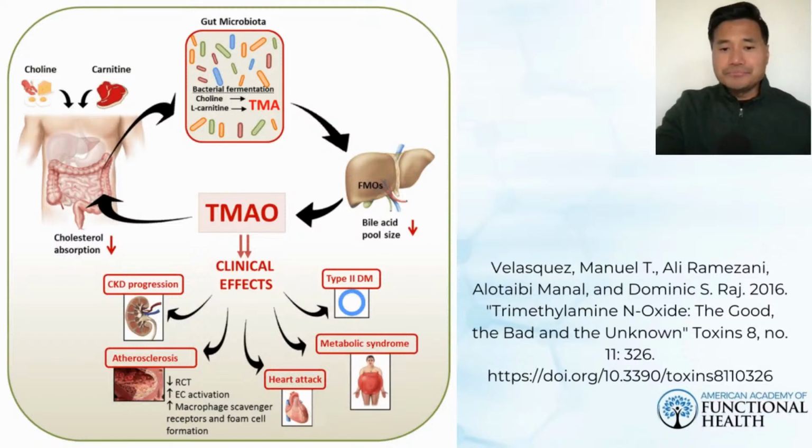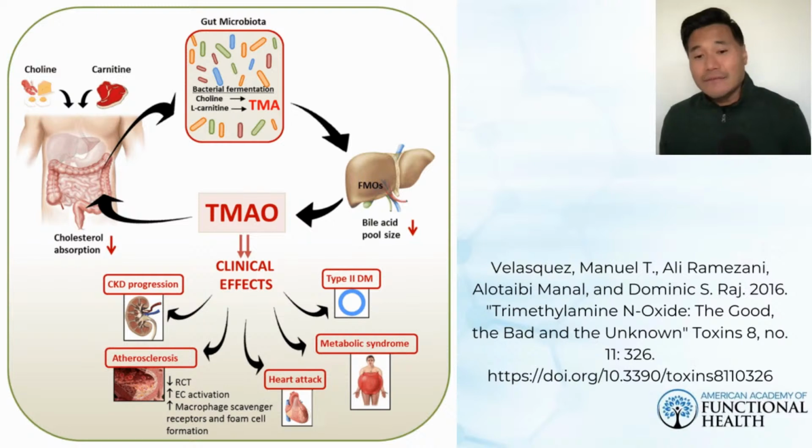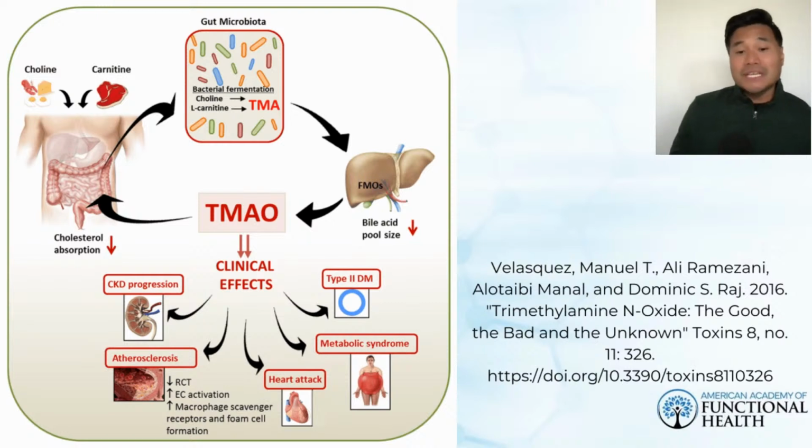So here we are seeing that if you are consuming animal protein in higher amounts, this includes the paleo diet, right? This is going to contain higher amounts of choline, phosphatidylcholine, and L-carnitine, and this can be converted to trimethylamine or TMA by the gut bacteria, and then it's converted in the liver to trimethylamine N-oxide or TMAO.